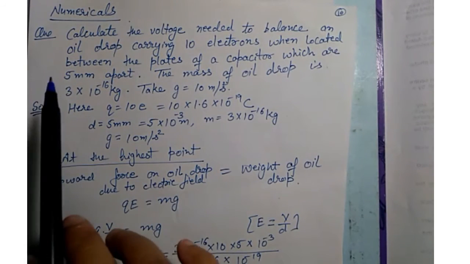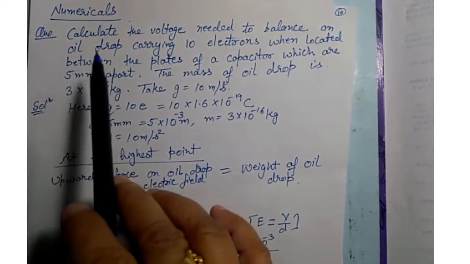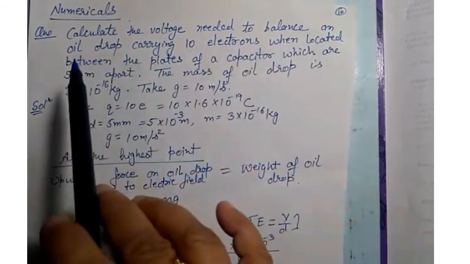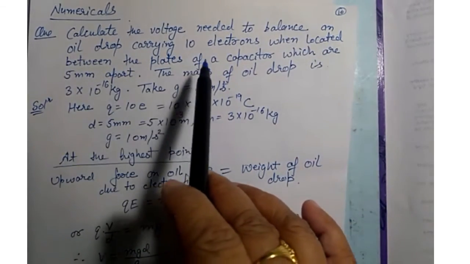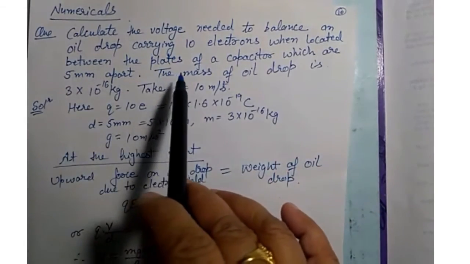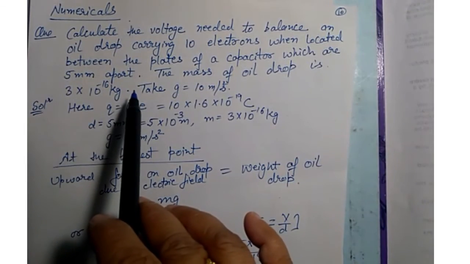So let us solve a numerical problem based on electric field. Calculate the voltage needed to balance an oil drop carrying 10 electrons when located between the plates of a capacitor which are 5 mm apart.